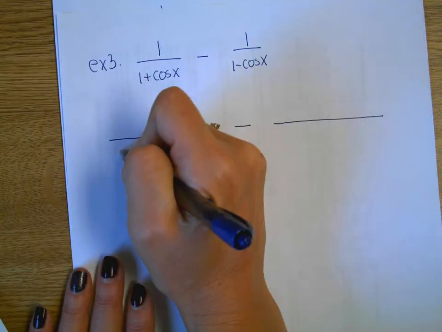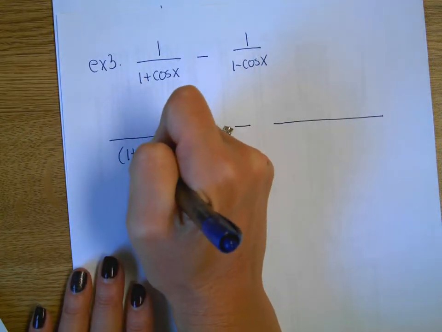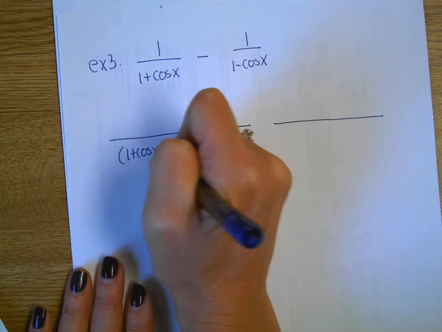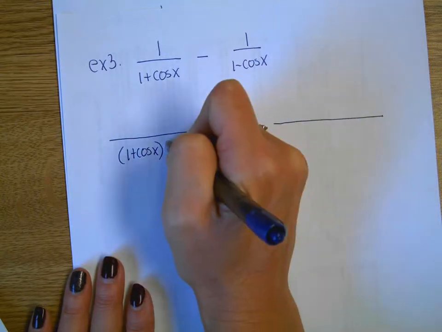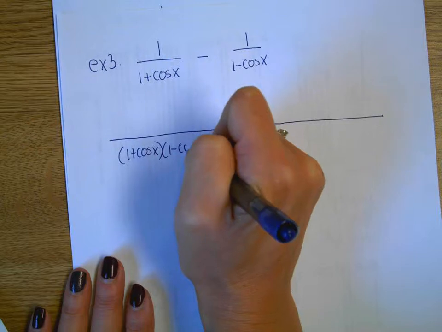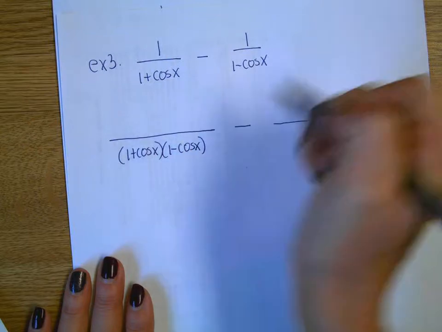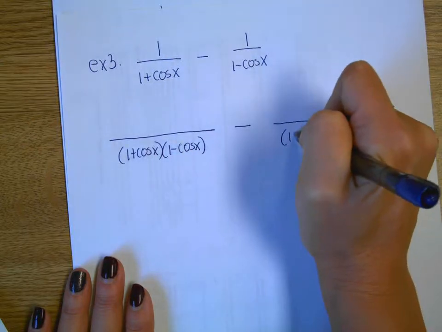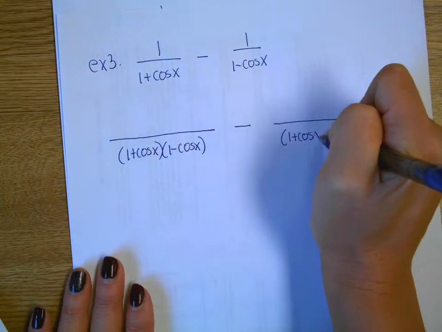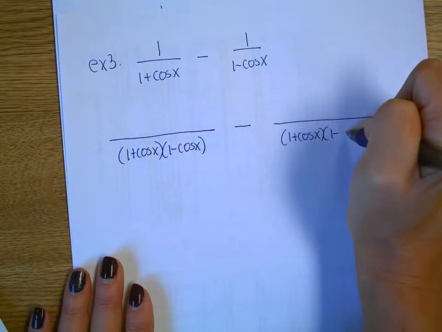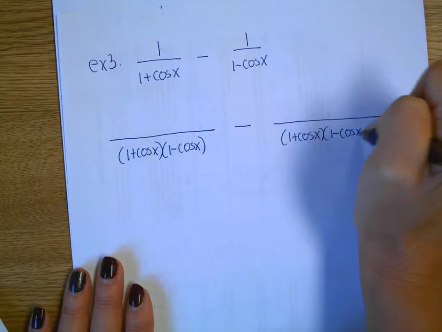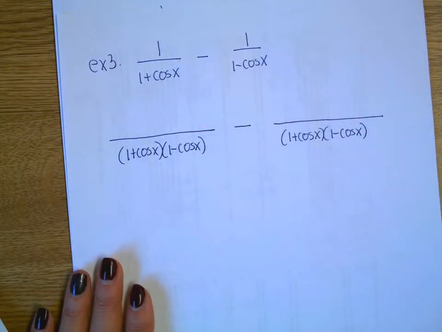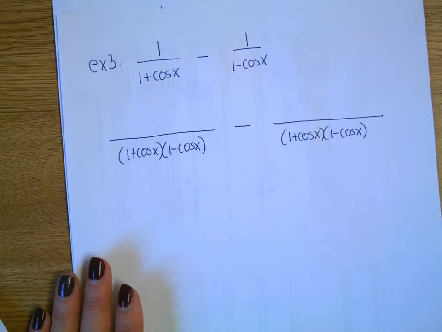1 plus cosine x times 1 minus cosine x. You need both of those denominators in your common denominator. Now you've got to go back and figure out what your new numerator is going to be.